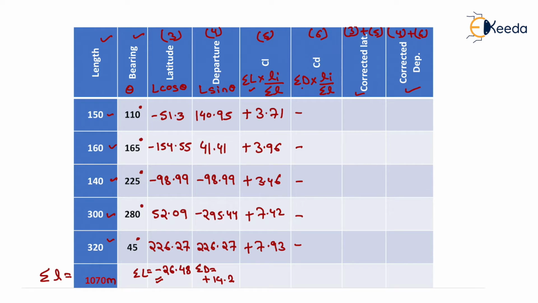We will get correction in departure as minus 1.99, minus 2.12, minus 1.86, minus 3.98, minus 4.25.